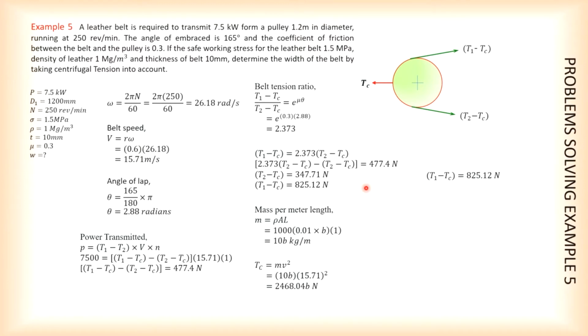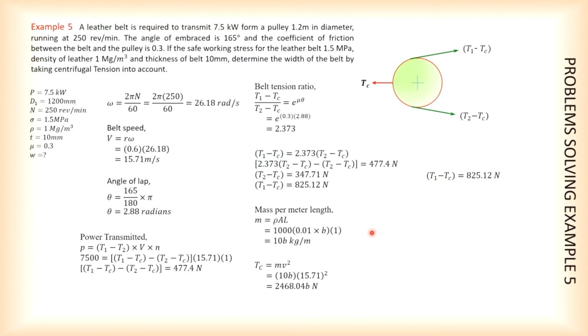So from this earlier, what we have got is T1 minus TC. Now we know the TC with this value, substitute here. Taking T1 minus TC and not T2 minus TC, because T2 minus TC is the minimum value. T1 minus TC is the maximum value. So when you design, you always consider the maximum force, that means the maximum tension.